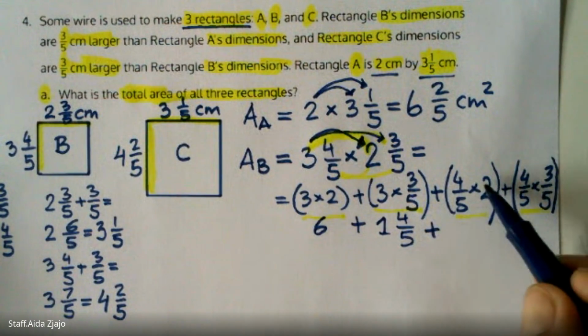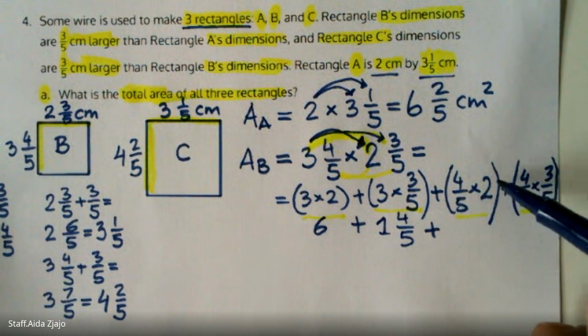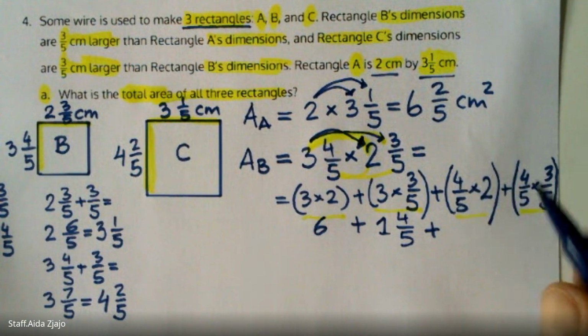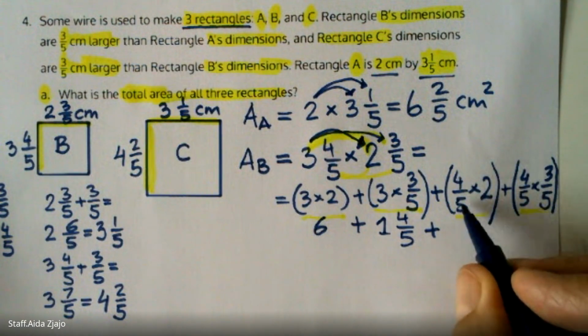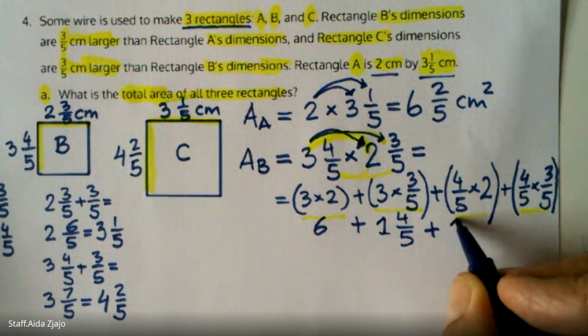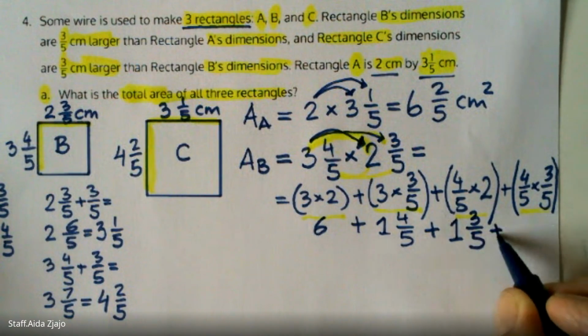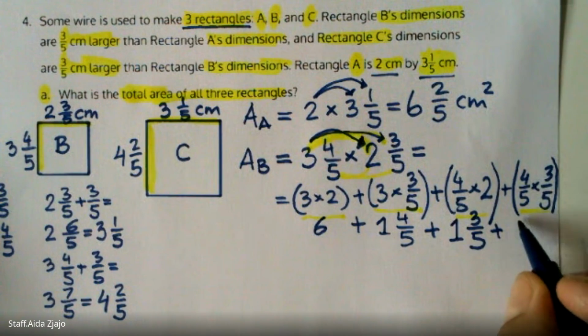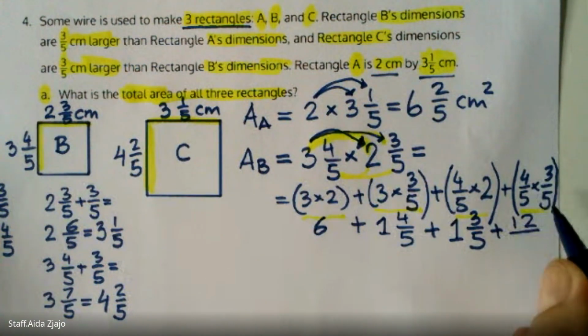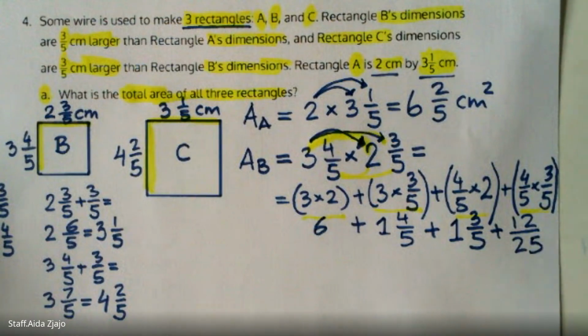Plus 4/5 times 2 is 8/5, because 2 times 4 is 8. 8/5 is 1 whole and 3/5. And then 4 times 3 is 12, 5 times 5 is 25.